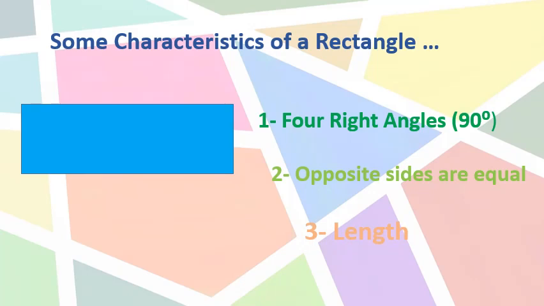This is the length of the rectangle, and this is the length of the rectangle. And we have a width. Where is the width of the rectangle? As you can see, this is the first width of the rectangle, and this is the second width of the rectangle.